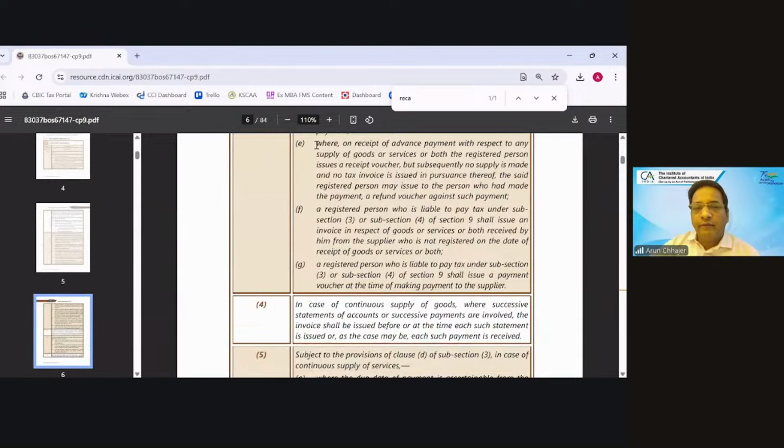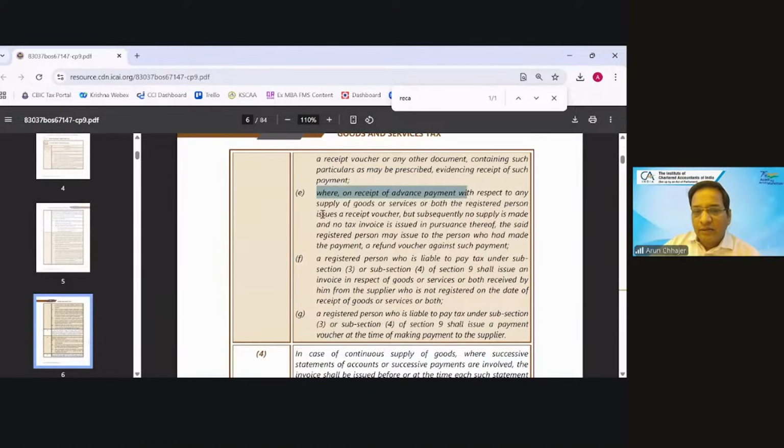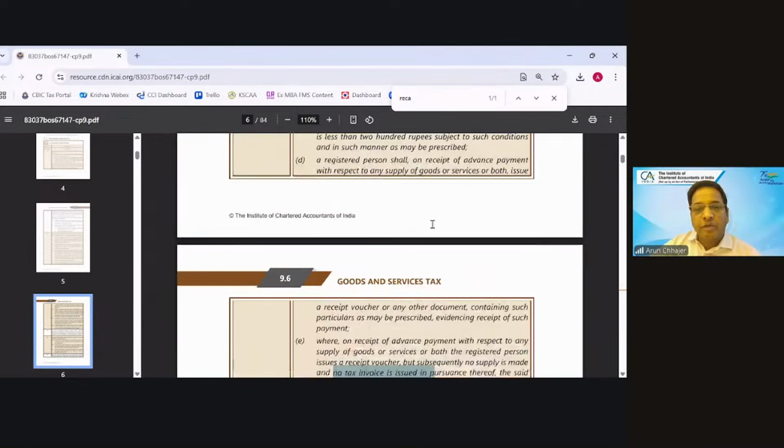Now, where on receipt of the advance I issue the receipt voucher, but subsequently there is no supply made and no tax invoice is issued, then which document will I issue? I will give the money back to the person who has given the advance. Which document will I issue? I will issue the document named refund voucher only.